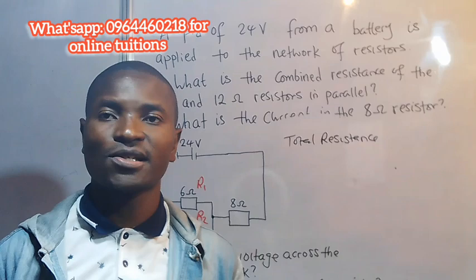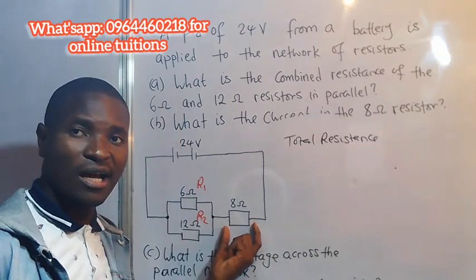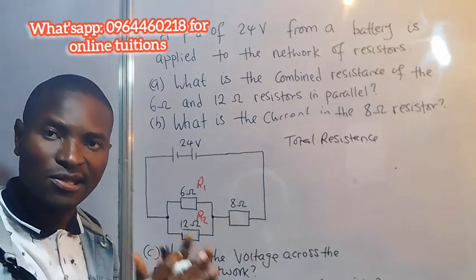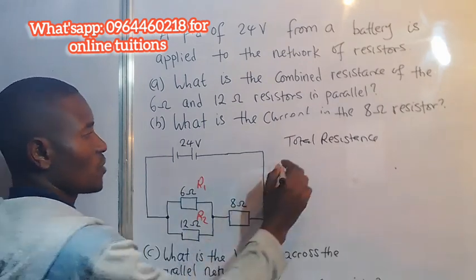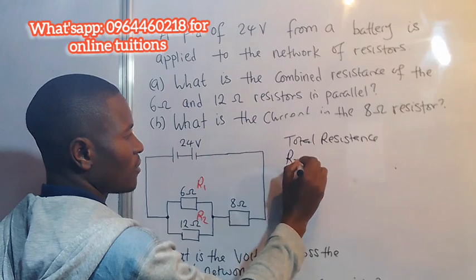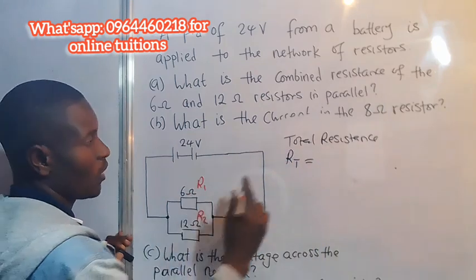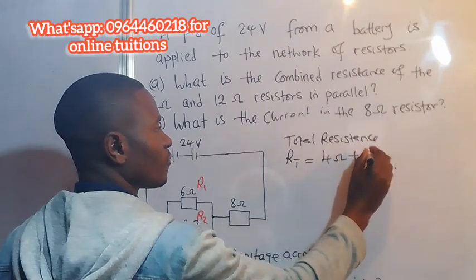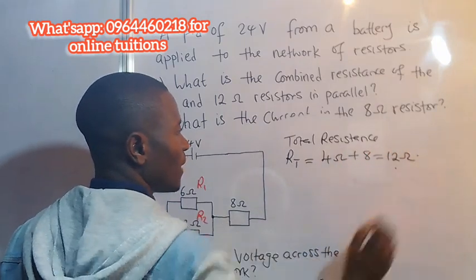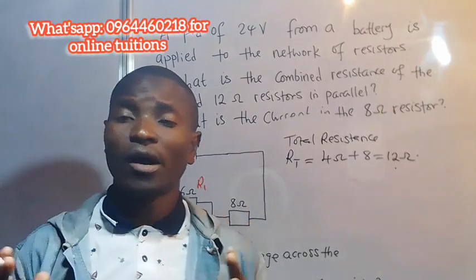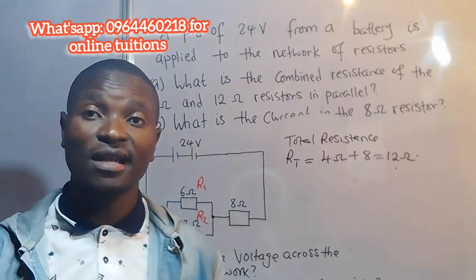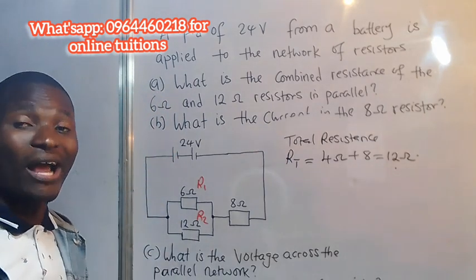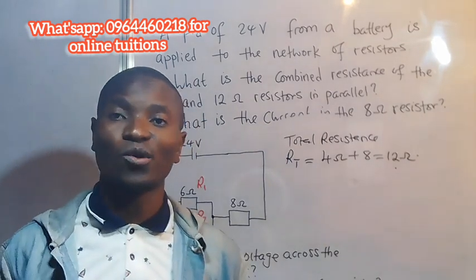Now, the total resistance is the combination of the 8 ohm resistor and the combined resistance of the 12 and the 6 ohm resistors. So the total R equals 4 plus 8, and we should get that the total resistance of this entire circuit is 12 ohms. Now we have to find the total current that is flowing in this circuit.